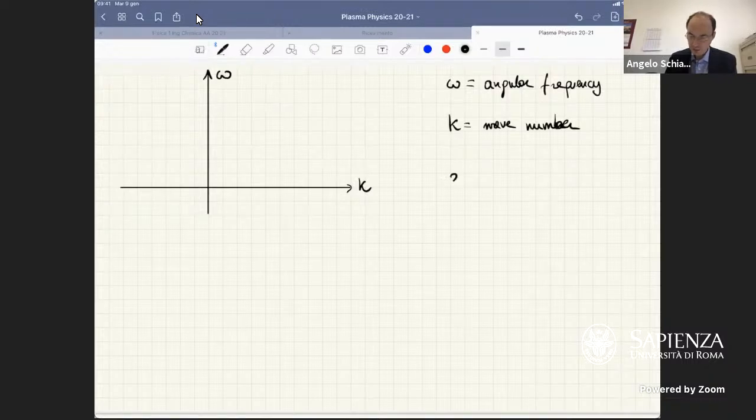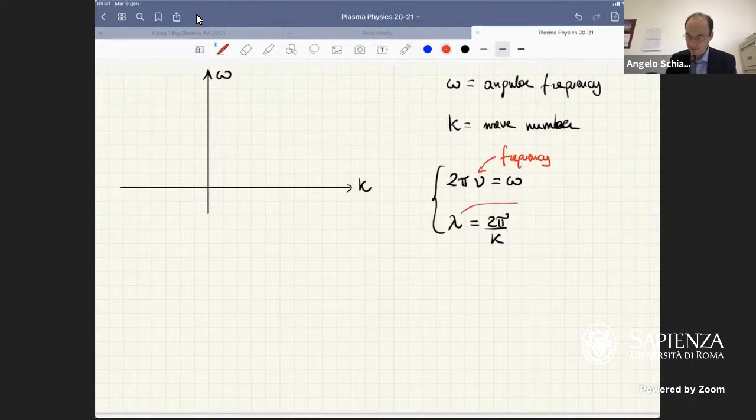So 2 pi nu, where nu is the frequency in hertz, is omega, and the wavelength of the wave is 2 pi over k, where lambda is the wavelength. So the distance between two peaks or two valleys of the wave.